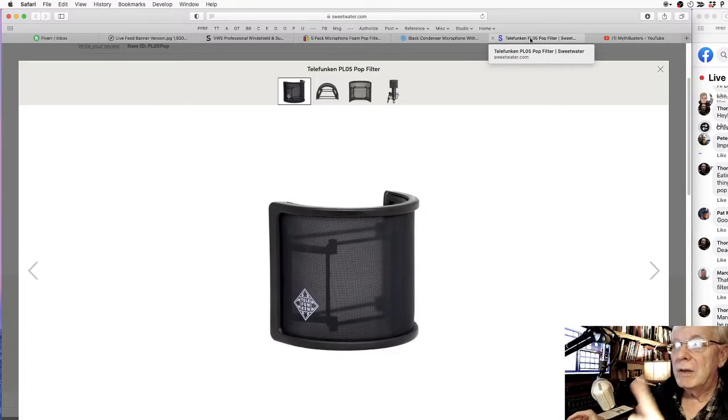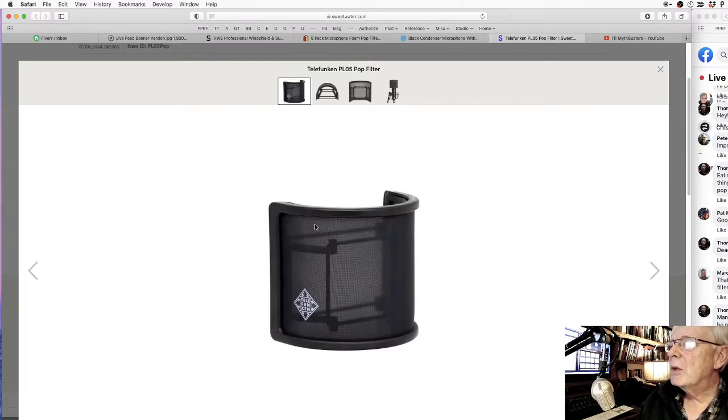So there's another one, and that is my favorite of the different approaches that I've come across. When I first saw those, I thought, okay, that's for me. I love that. But then there was this certain part of me that said, okay, I went for years without any kind of a pop filter, and that was when I was really close to the mic.